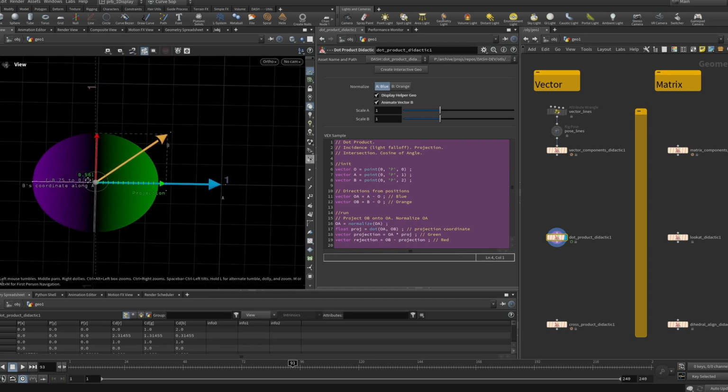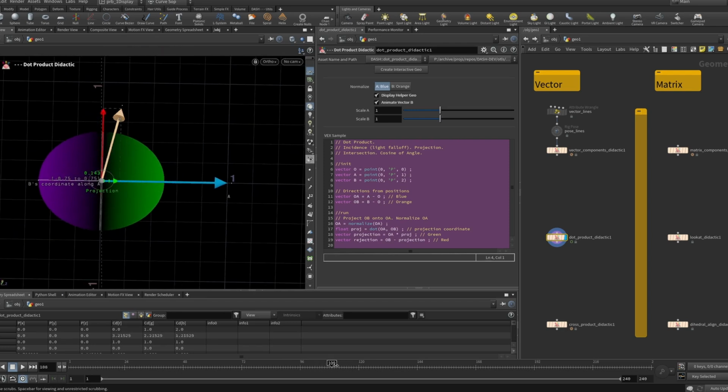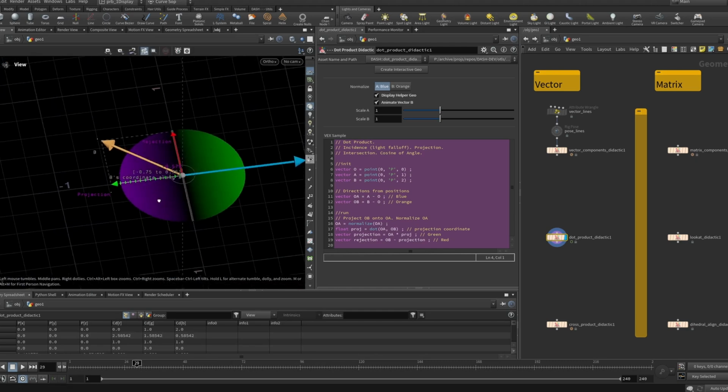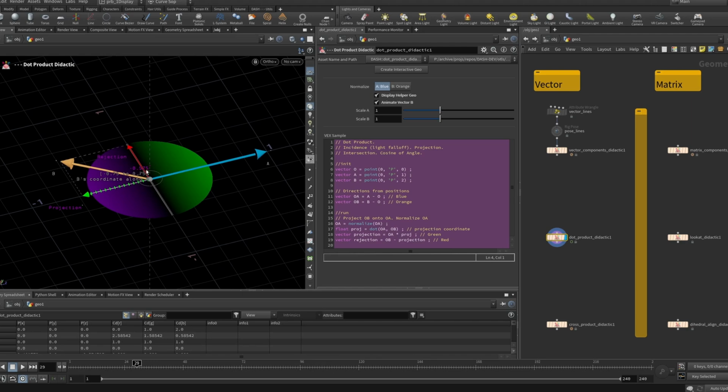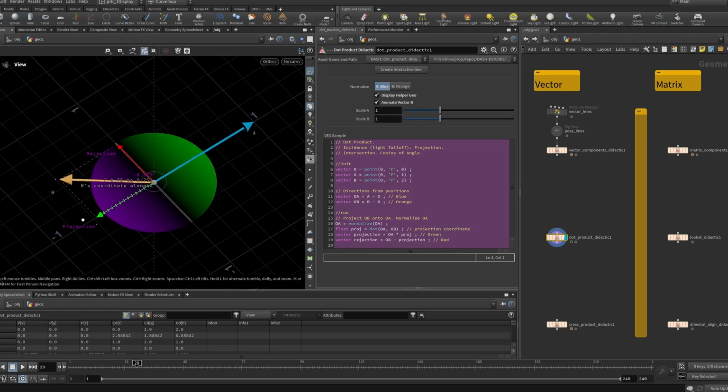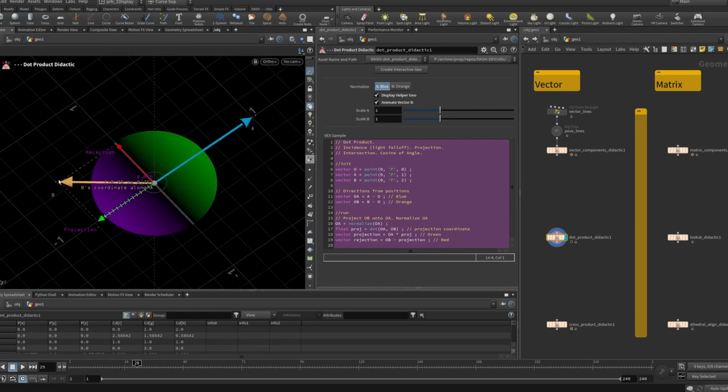And of course, if the dot product is negative, the projection is going to be pointing in the opposite direction of A. So this value of minus 0.575, when used to scale A, is going to give me this vector here. When we have the projection, if we subtract it from our initial vector, so if I subtract it here from B, we get the rejection.